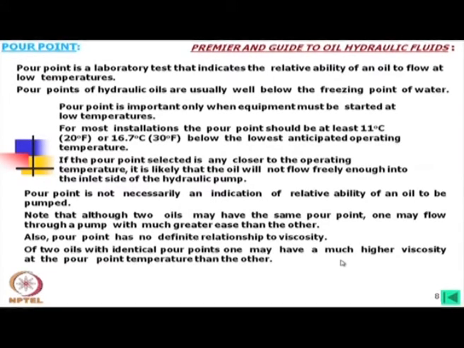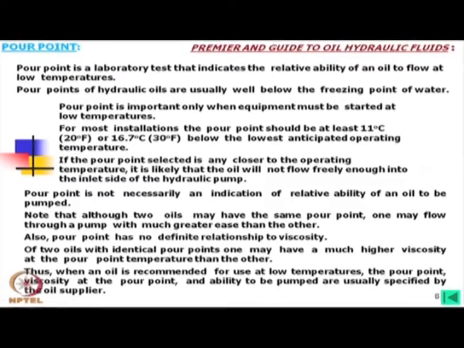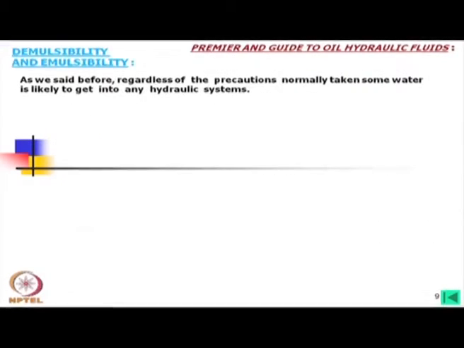Of two oils with identical pour points, one may have a much higher viscosity at the pour point temperature than the other. Thus, when an oil is recommended for use at low temperatures, the pour point, viscosity at the pour point and ability to be pumped are usually specified by the oil supplier, or rather we should say oil manufacturer.